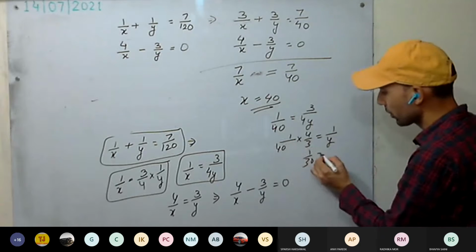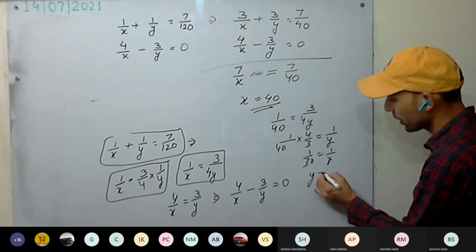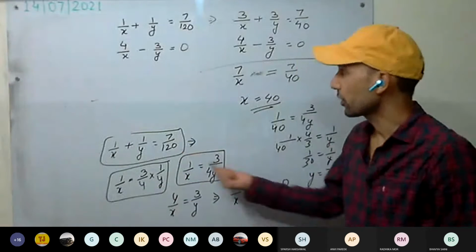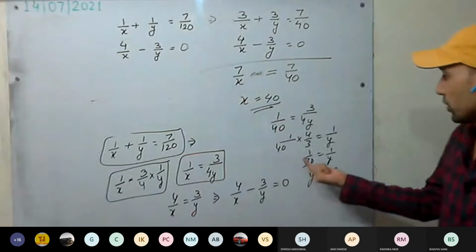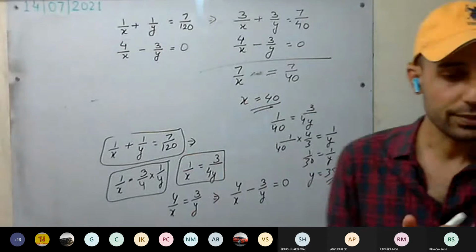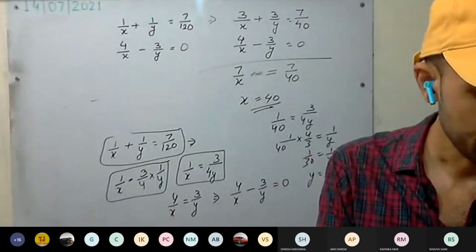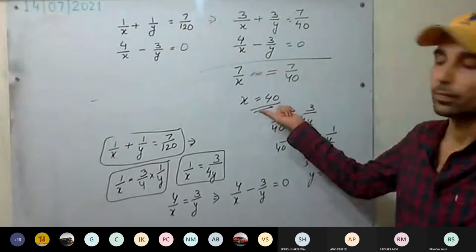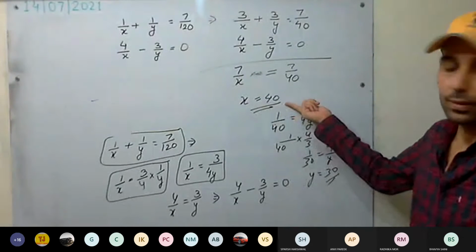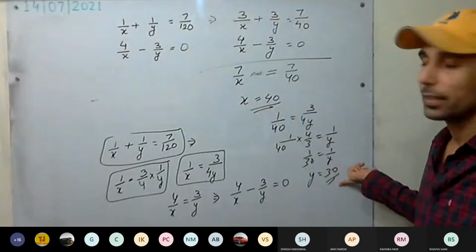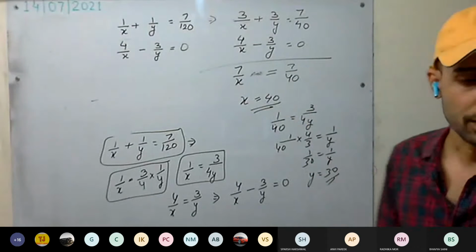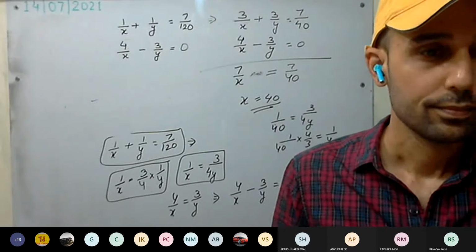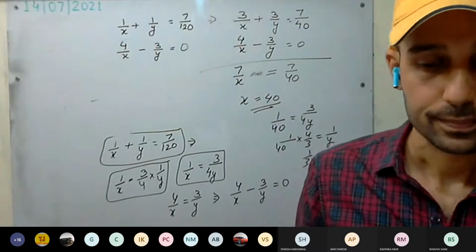Cancelling, 1 by 30 equal to 1 upon y. y equal to 30. Any of these equations you can use to solve. So, how many days will each take? How many days will Pooja take? 40 days. How many days will Ritu take? 30 days. Understood now? Is this question clear?